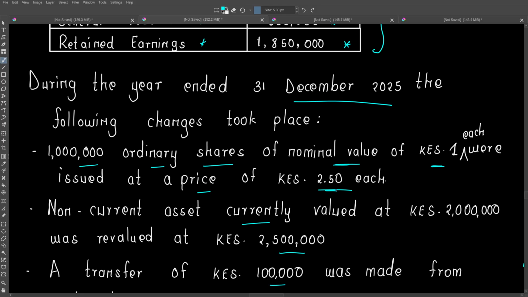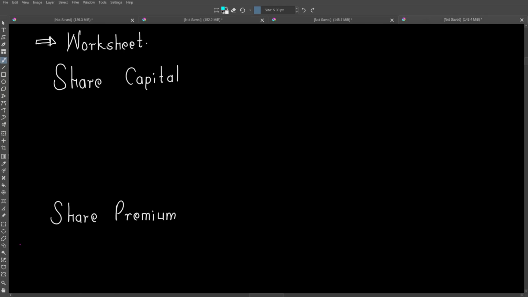So we need to know the share capital, and we also need to know the share premium. How do we know the share capital? The share capital is basically taking the number of shares and multiplying them by the nominal value, which gives us 1 million.